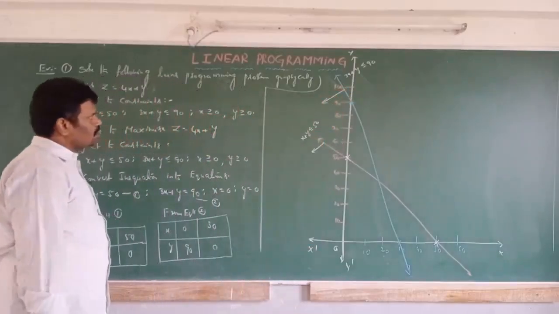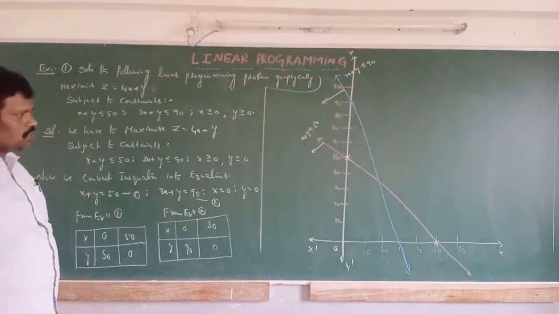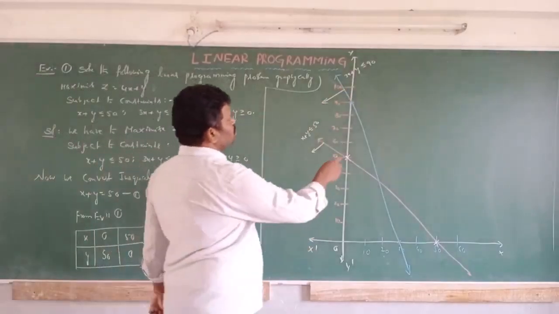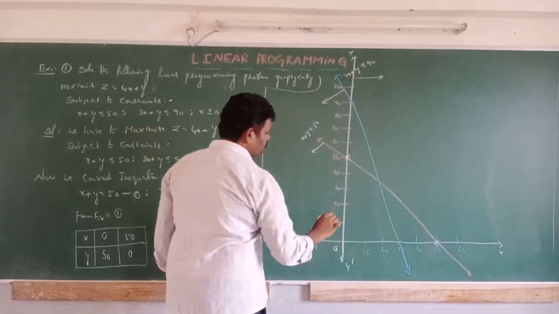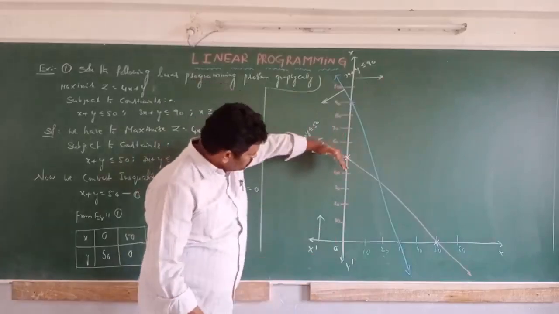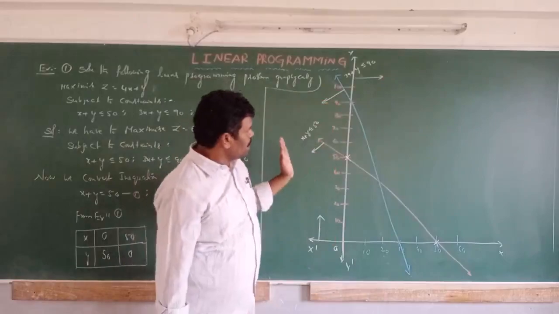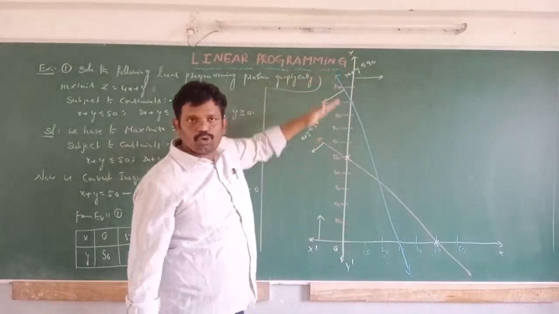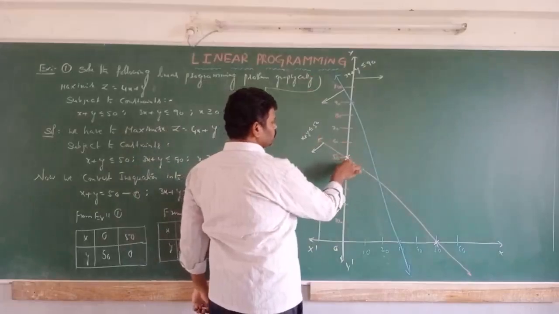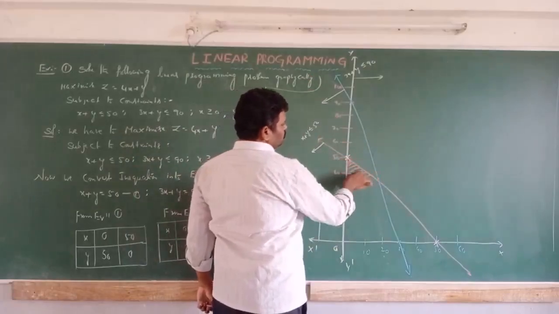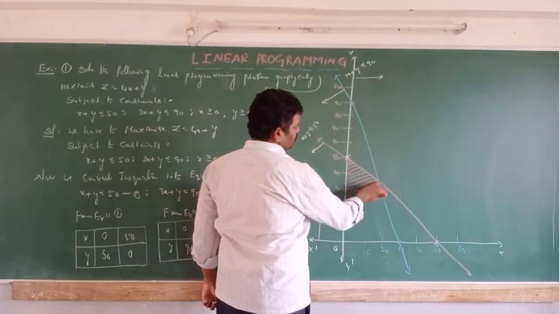Next, x is greater than or equal to 0, y is greater than or equal to 0. So x greater than or equal to 0 means shading this side, and y greater than or equal to 0 means shading above. So this part is this side, this part also this side, and this is the above direction. Then what we draw here? So this is the shaded region.